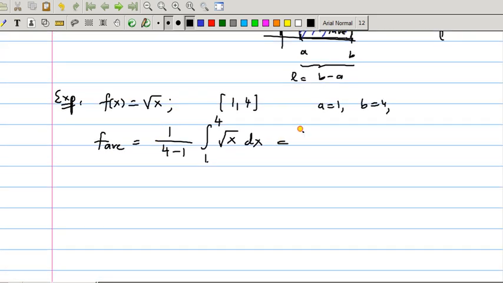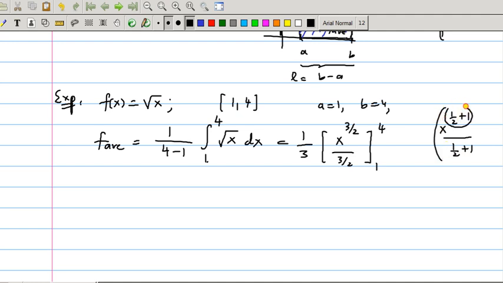It will become 1 over 3 outside, and square root of x, x to the power 1 by 2, becomes x to the power 3 by 2 over 3 by 2, from 1 to 4. Because x to the power 1 by 2 has the integration as x to the power 1 by 2 plus 1, divided by 1 by 2 plus 1, right? That 1 by 2 plus 1 is 3 by 2. So I wrote it directly here.